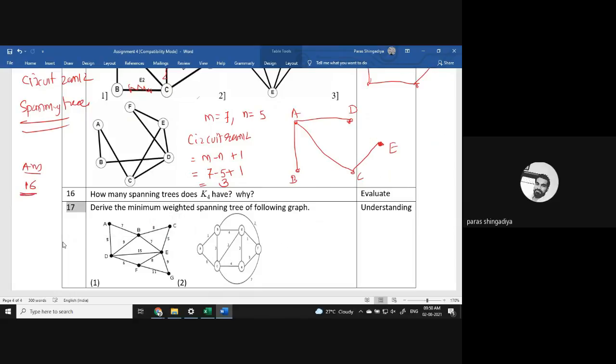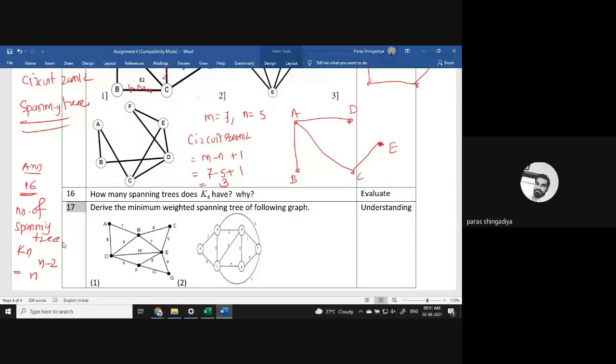ठीक है. And why? Because we have one formula. Which formula? Number of spanning trees in Kn is equal to n raised to n minus 2.